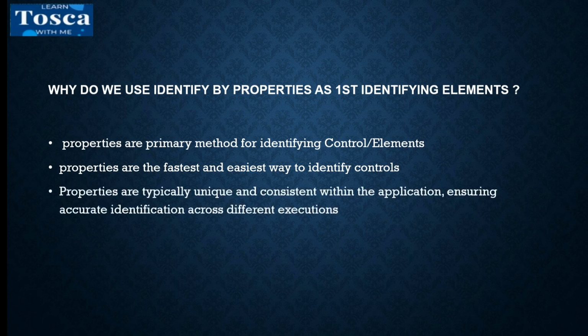If you go with another identification, for example apart from properties, either index or identify by anchor, that approach will also work for us, but the problem is that it will take a little bit of time, which eventually affects our execution time.